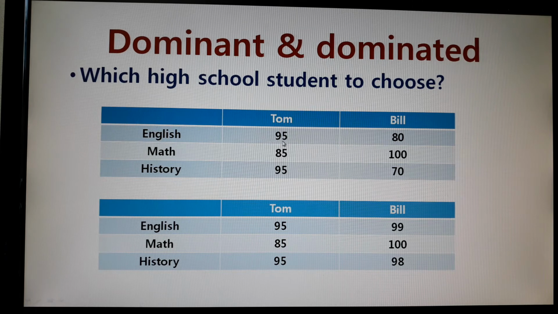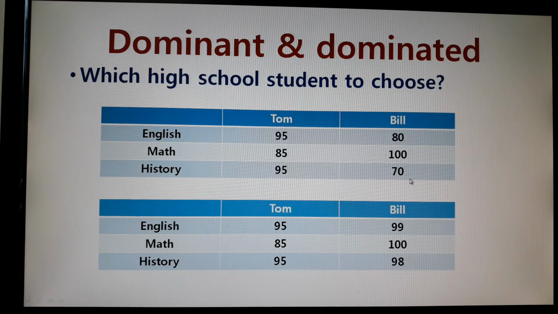In English, Tom gets 95, Bill gets 80. Tom is better. In math, Bill gets 100, Tom gets 85. Bill is very excellent. In history, Tom is 97, Bill not so good at all. So basically, Bill is extremely good in math.